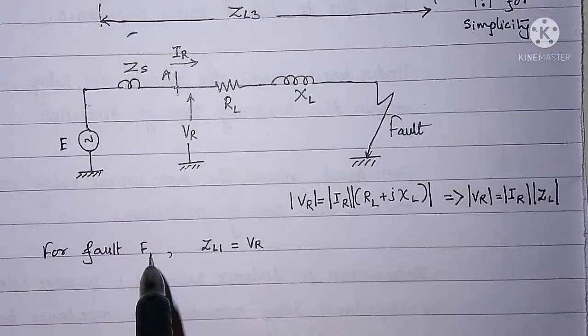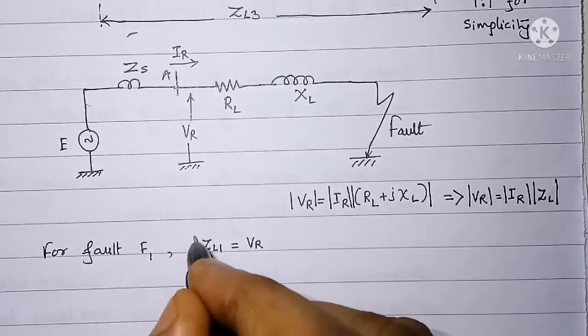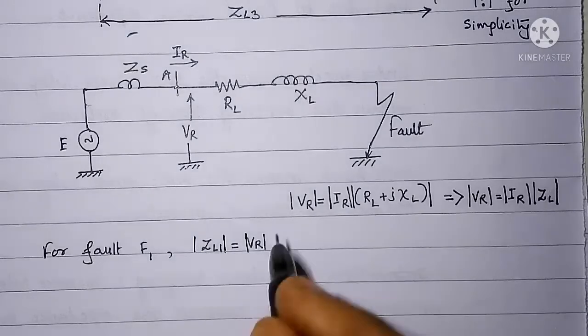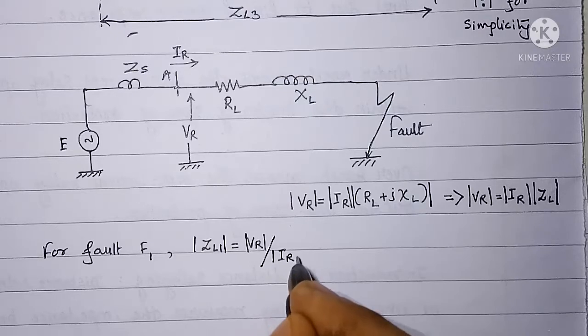For fault F1, the impedance magnitude ZL1 is equal to the magnitude of relay voltage by the magnitude of relay current.